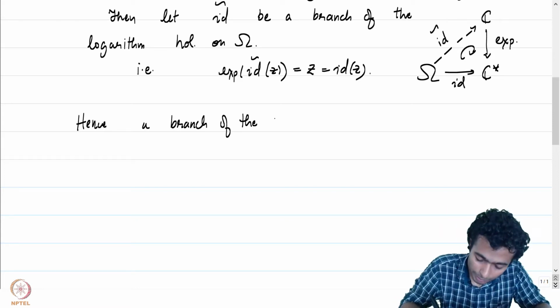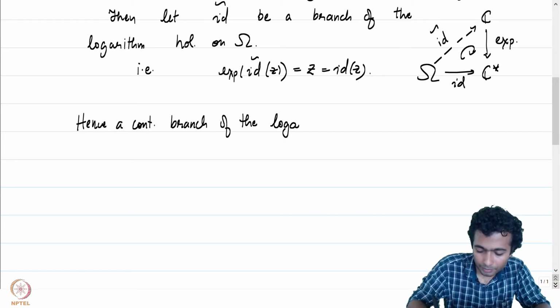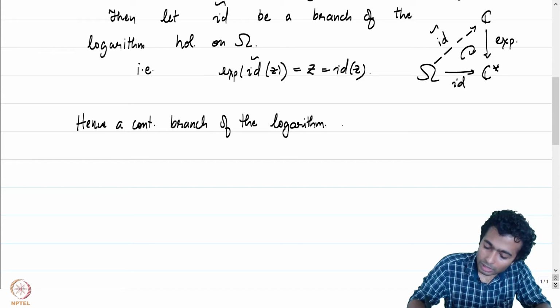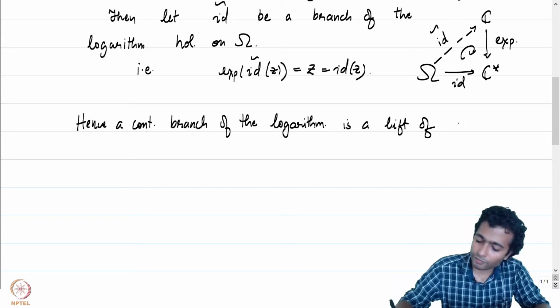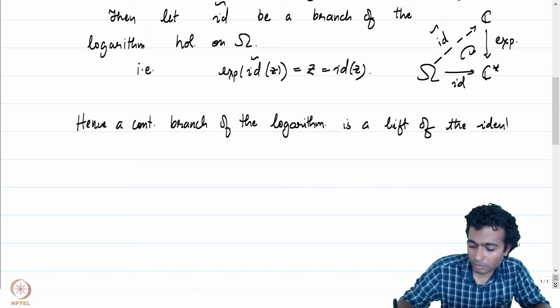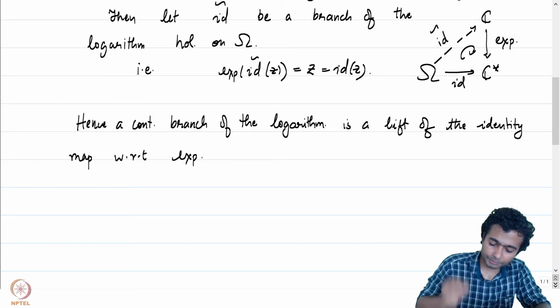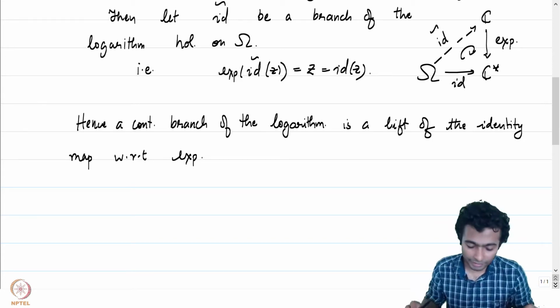So hence, a continuous branch of the logarithm is a lift of the identity map with respect to the exponential. That's precisely what we have realized.